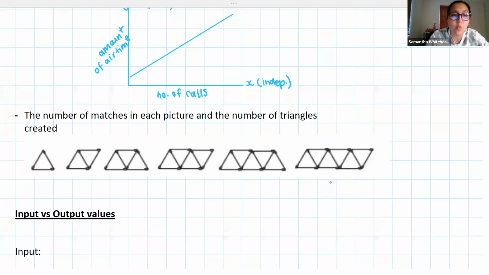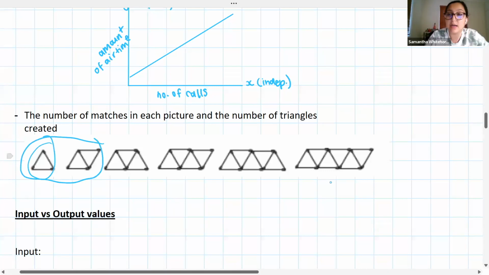Okay, nice, guys. Some of you mixing it up. All right, so guys, one picture, 3 matches. 2 pictures, I now need more matches because here's 3 matches, here's 5 matches. 3 pictures, I now have an extra 2 matches, so 7.